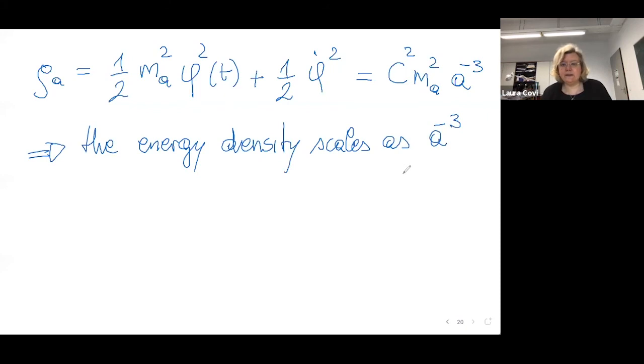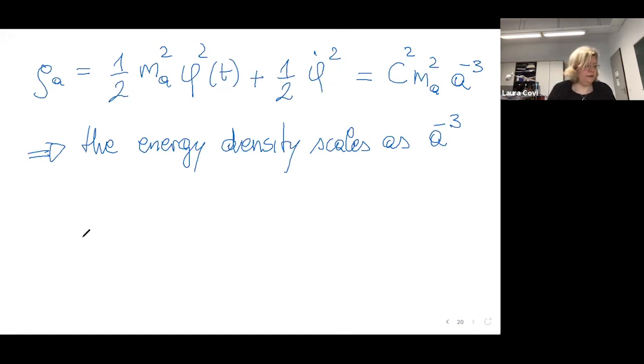And this means you can see that cosmologically, this is equivalent to having a particle which is non-relativistic. In this case, of course, the particle is non-relativistic, but it's also not really a particle, it's a condensate, because you are looking at a field value which changes, and you can, of course, interpret it as a number of particles, but it's not really necessary.